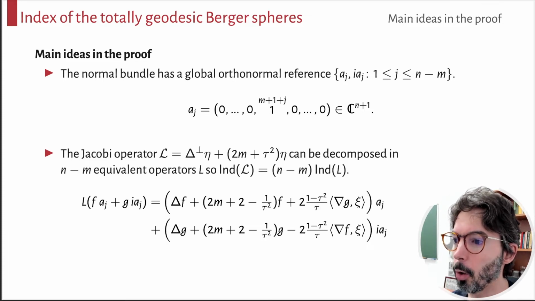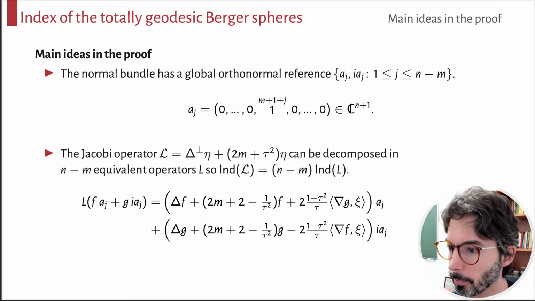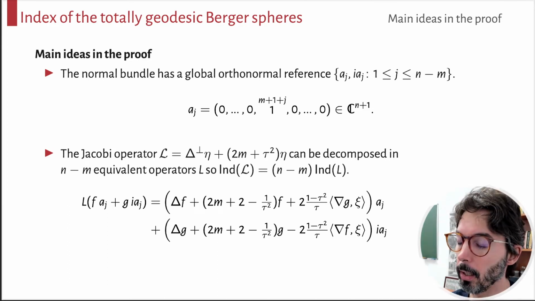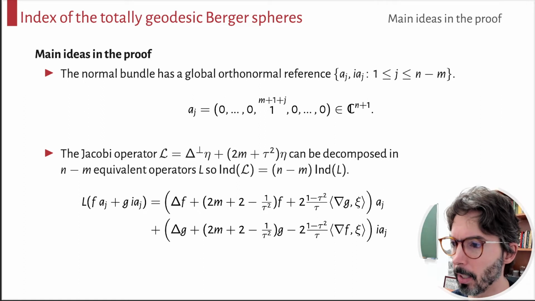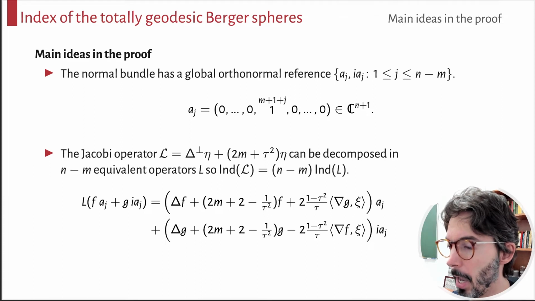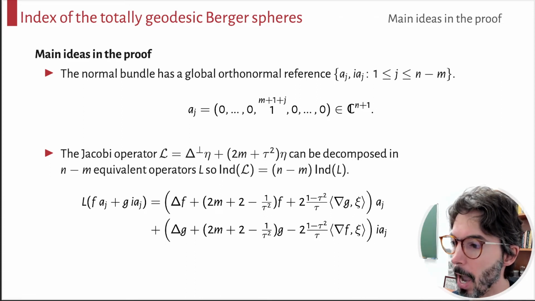Second, the Jacobi operator is just a translation of the orthogonal Laplacian and can be decomposed in an equivalent operator L, acting on sections of the forms f AJ plus J I AJ.